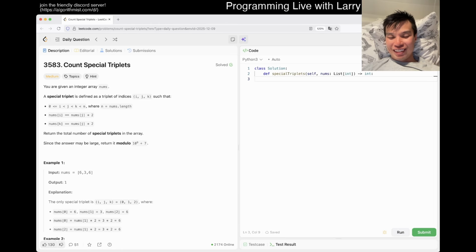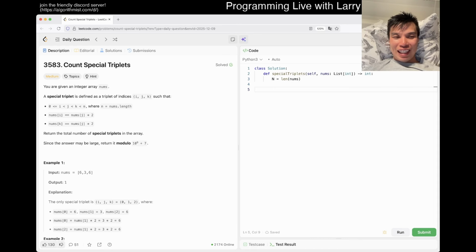All right, let's just start doing this farm. We have 3583. Count special triplets. You're given an integer array nums.